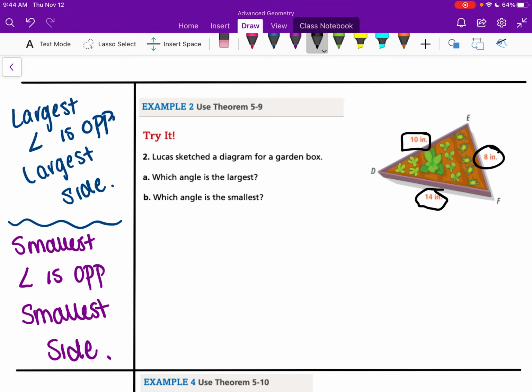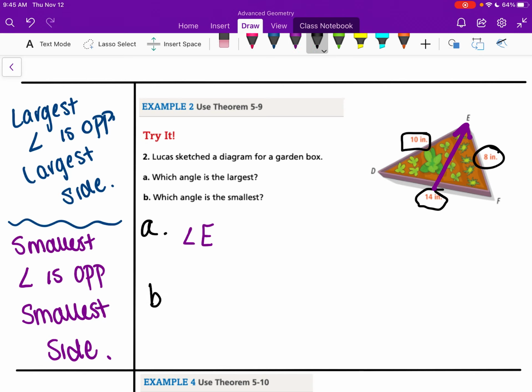And it says, part A says which angle is the largest. Using that theorem, we're learning that the largest angle is across from the largest side. So the largest side here would be that 14. So the angle across from that is angle E. So for A, we would literally just say that's angle E.